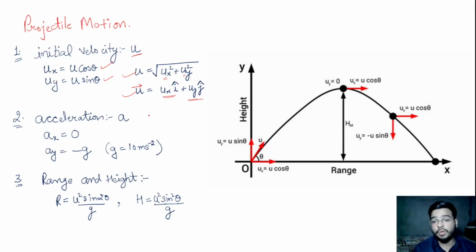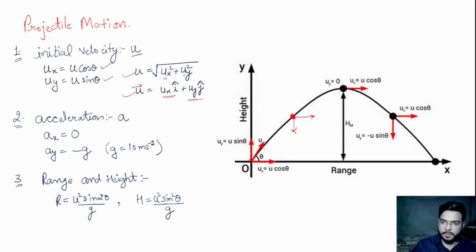Then moving to the acceleration part. Obviously when the ball is on its way like this, acceleration is also there. For example, if we take the ball here, we can say that this much acceleration is acting in this direction.